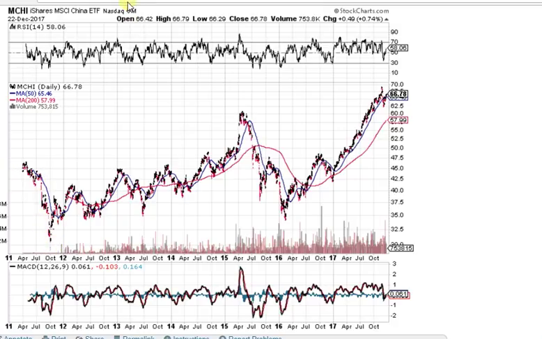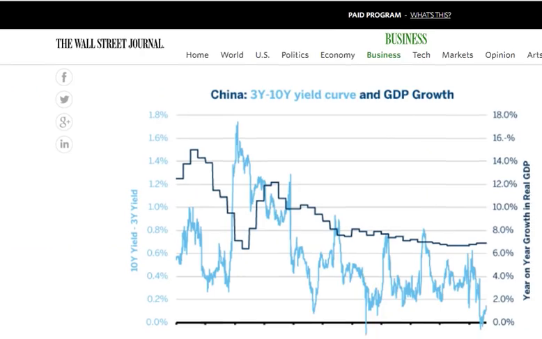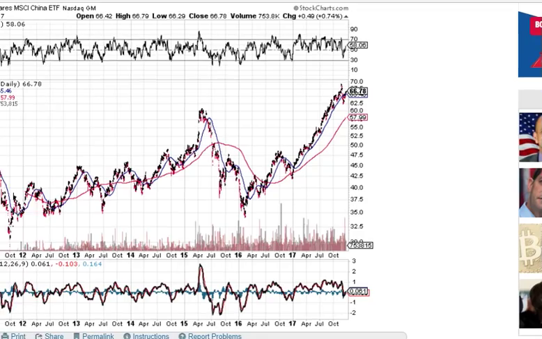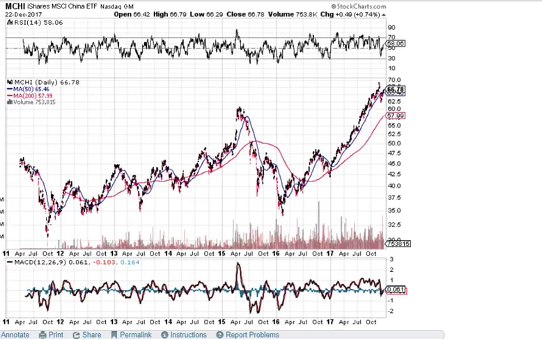And ironically, when it bottomed, the stock market bottomed as well. So it's just showing that the short-term and long-term funding, not always, but it does help when you have an upward sloping yield curve.